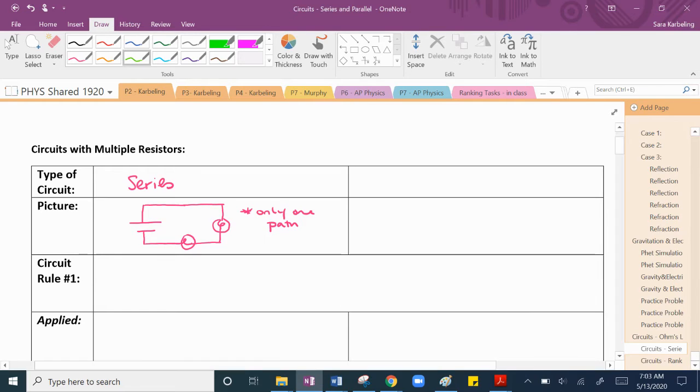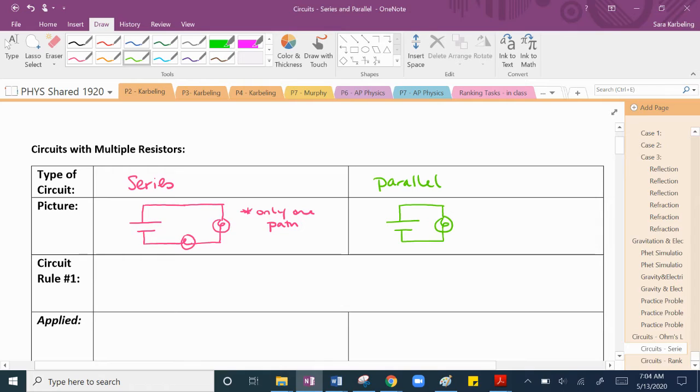The other type of circuit, we can kind of distill it down into two different types. The other kind is called parallel. And unlike a series circuit where there's one path, in a parallel circuit, there are multiple paths. So I'm going to go ahead and draw my battery again, okay? And I'm going to draw one path that those electrons might go through. So there's a path.